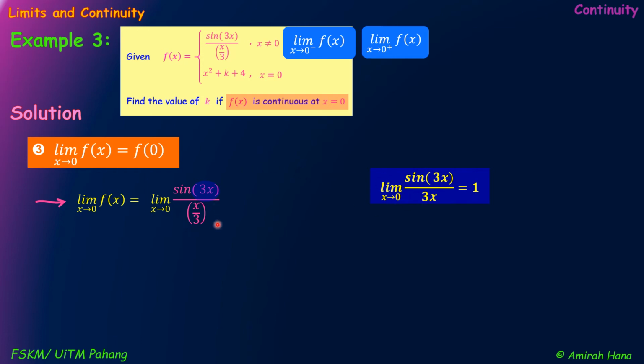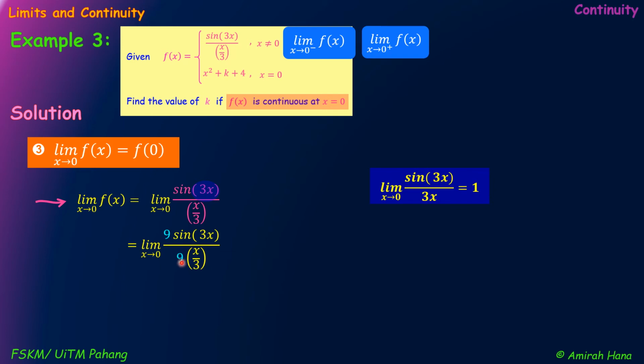So from here, we need to adjust until we get this form, so that we can say this limit equals 1. Never adjust the angle, but we need to adjust the denominator so that it exactly equals the angle of sine. So what should we do? We multiply x over 3 by 9.